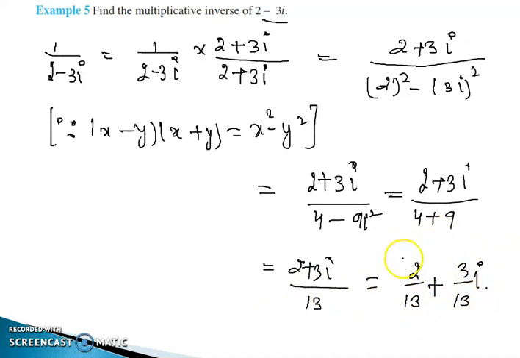So this is the answer. Whenever we have to find the multiplicative inverse, in the end we will represent it in the form of a complex number a plus iota b. We will always express it in the form a plus iota b, whether it is asked or not. Now we will also do its alternate method.